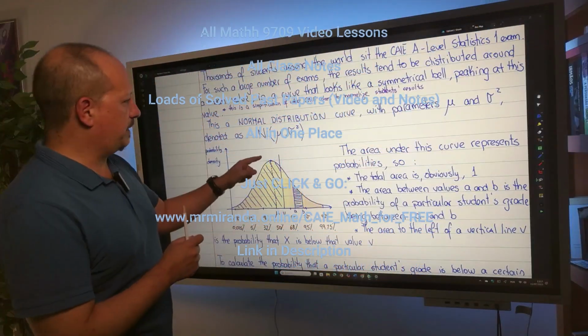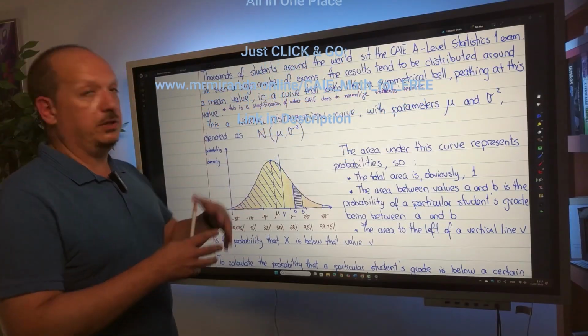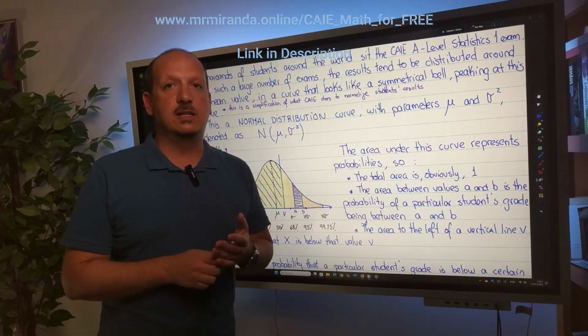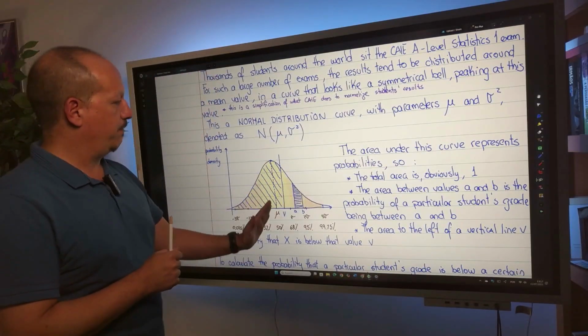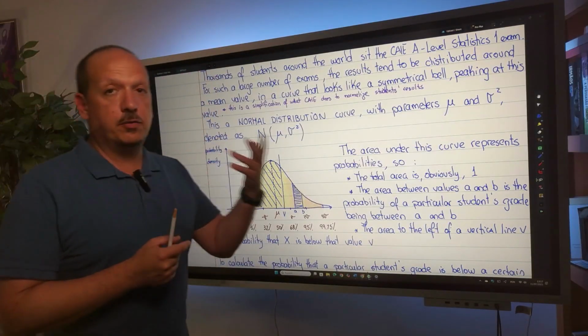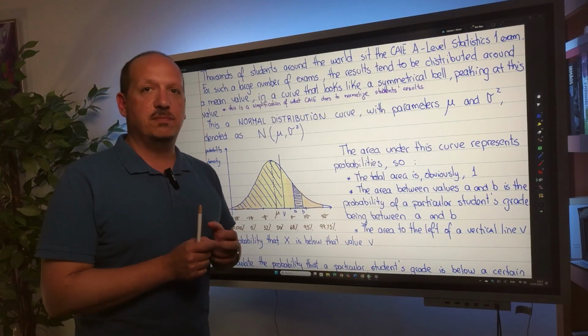It has this peak value, which is the mean, the most likely value, okay? The mean value in this example for the results of the Cambridge Statistics 1 exams, okay? And then the other parameter that you will have is the standard deviation.